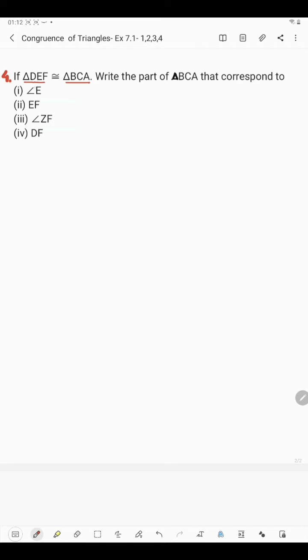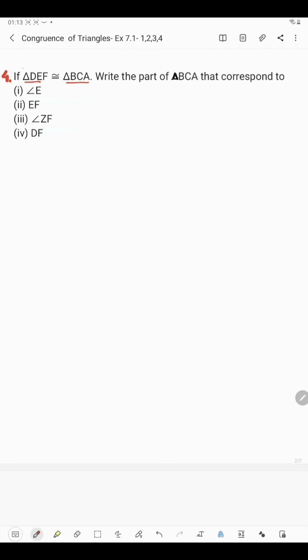The four parts given to us are parts of triangle DEF, and we will have to find the corresponding parts in triangle BCA. Okay. Now in the first part we have angle E.